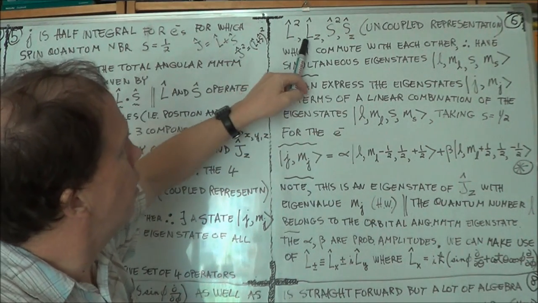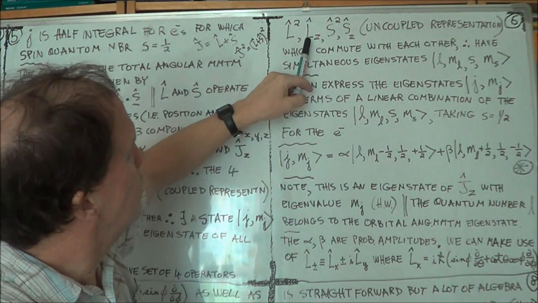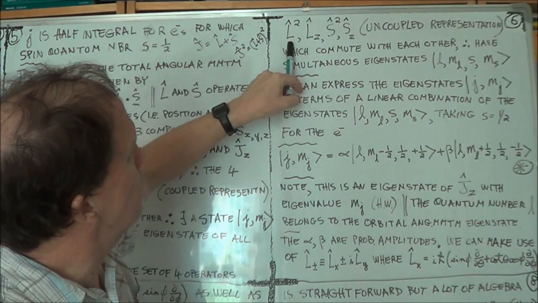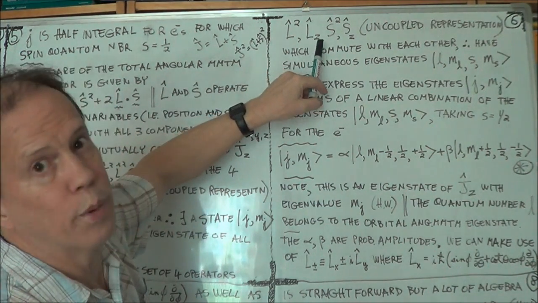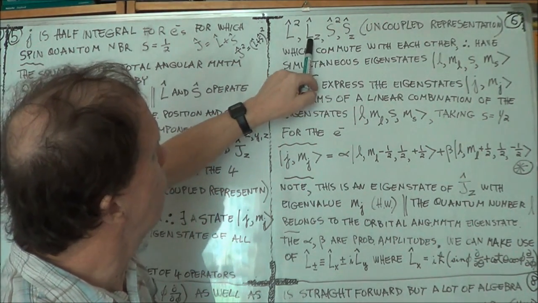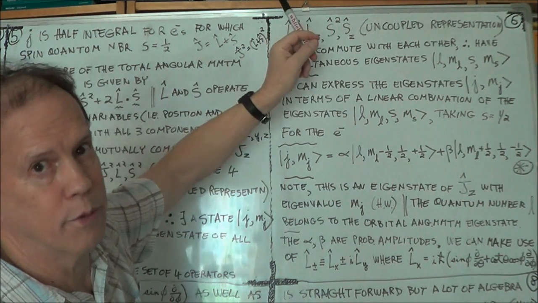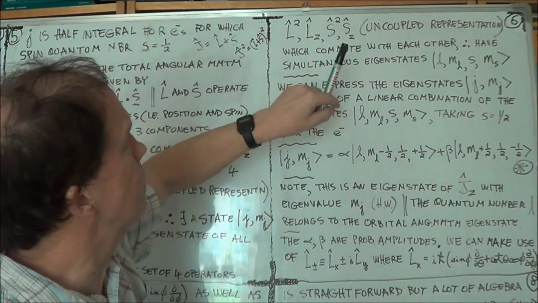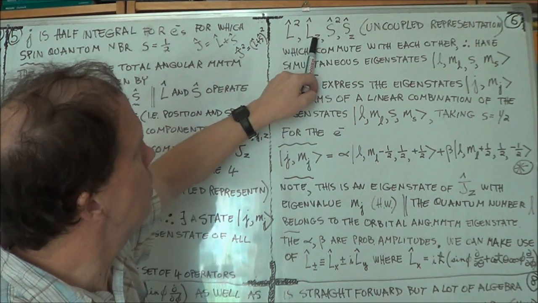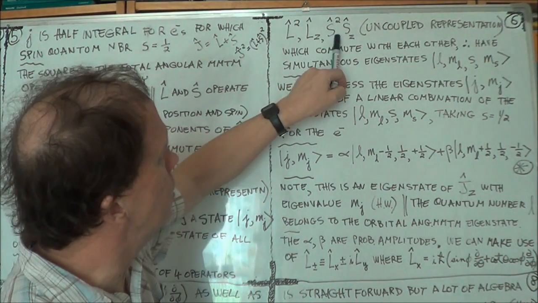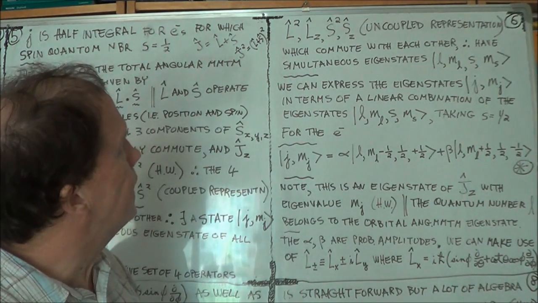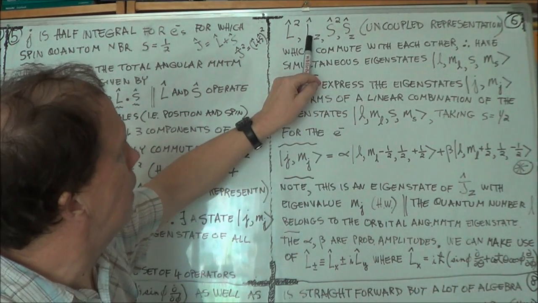Now here are four operators. Now you know, well these are just the orbital angular momentum operators L, and the spin angular momentum operators S. Okay, so we know from previous knowledge, earlier in the course, that these two commute, right? And we know that these two commute. These are orbital angular momentum.